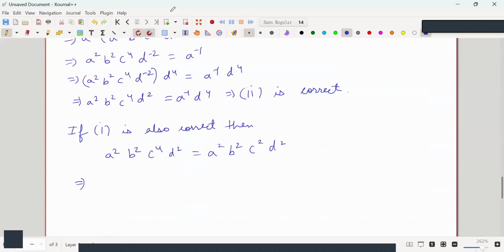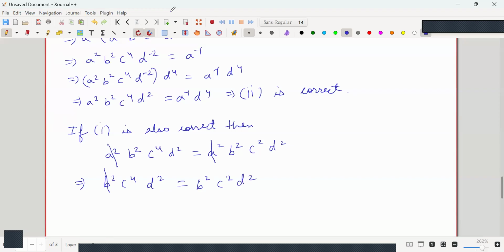And then cancellation you can apply directly, because in a group left and right cancellation always holds. That has also been discussed in the class. So we'll simply cancel these one by one.